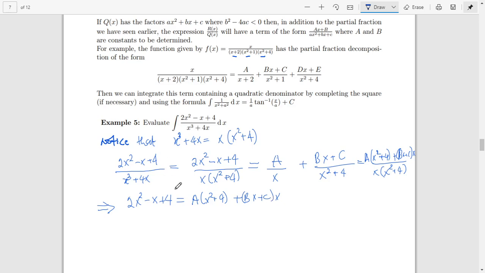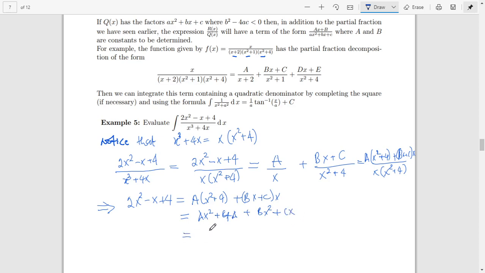Okay, now here I'm going to use the other method of expanding and then grouping like terms and equating coefficients. This will be equal to as squared plus 4a plus bx times s is bs squared, then plus cx.